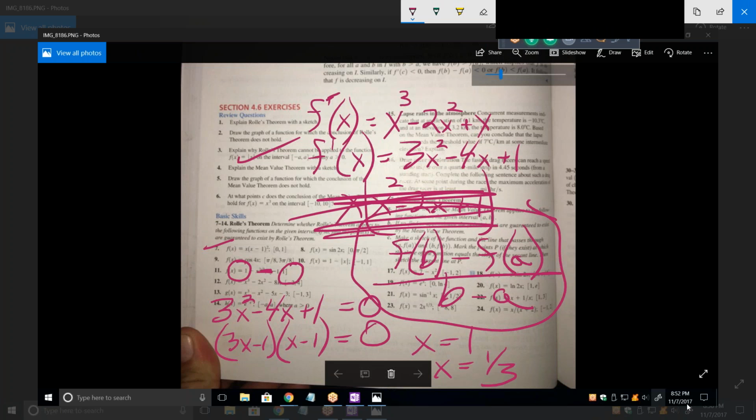Now, this function we were looking at is a cubic. So if I were to look at it like a typical cubic, there's going to be 2 spots where the tangent line is 0.